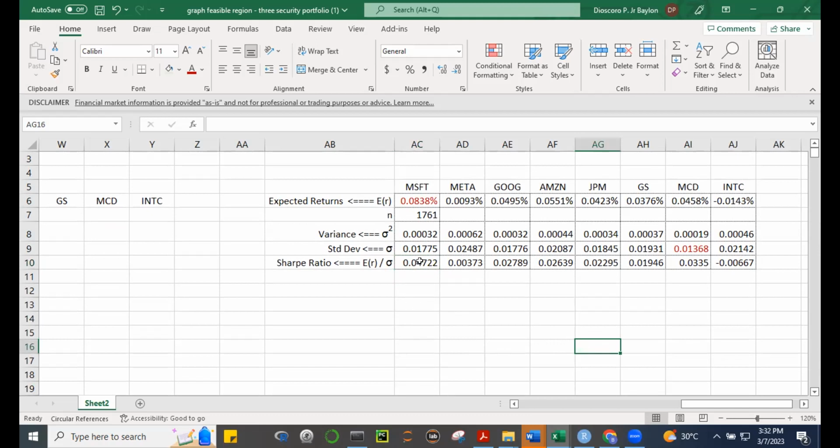So in terms of risk, who's the highest risk? The highest risk is 119, 117. So I think it's Meta. It exhibited the highest risk.